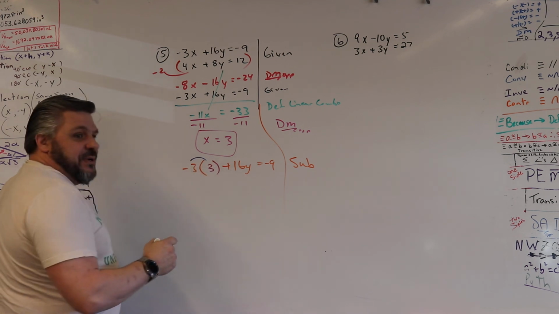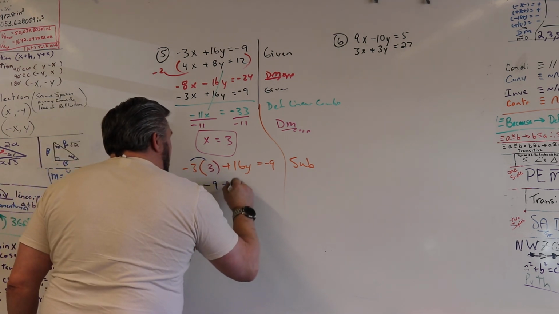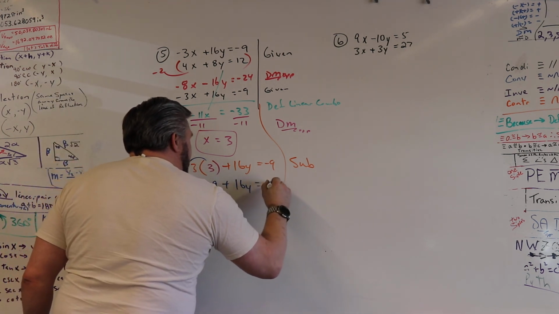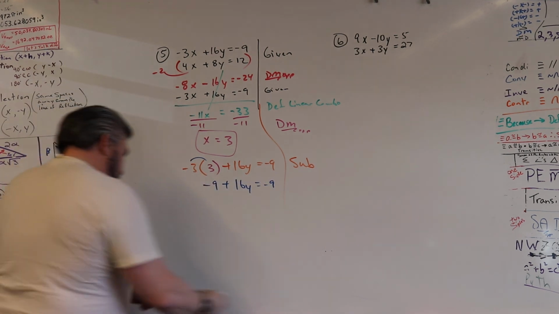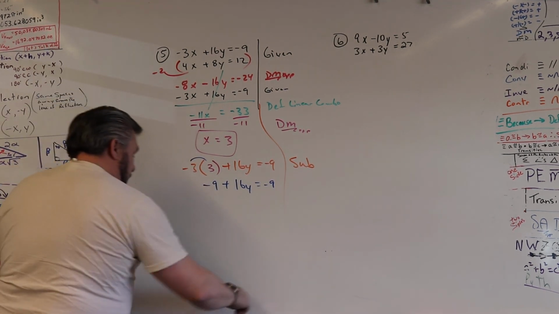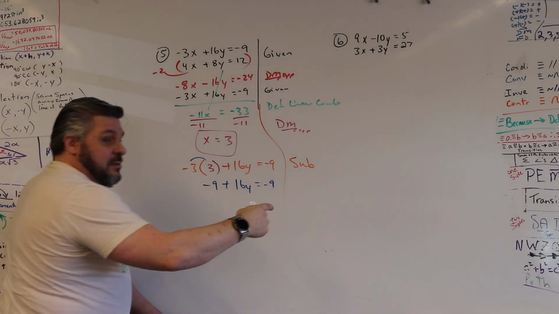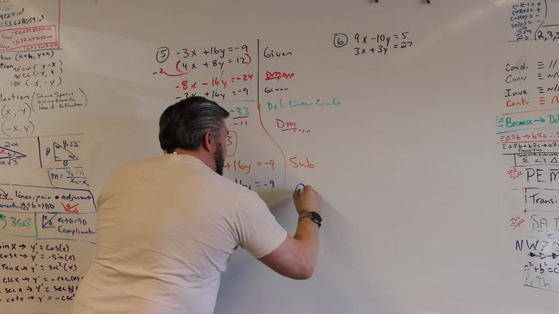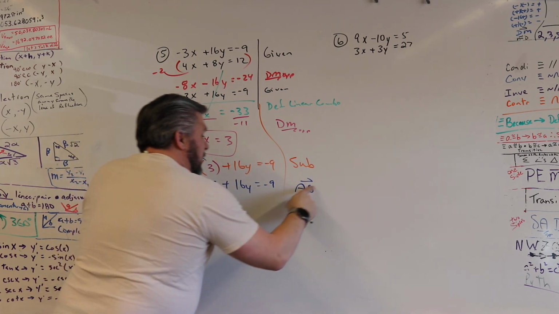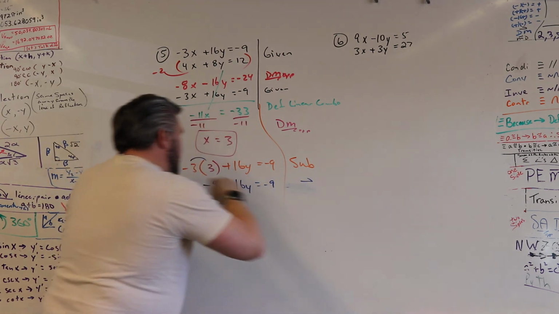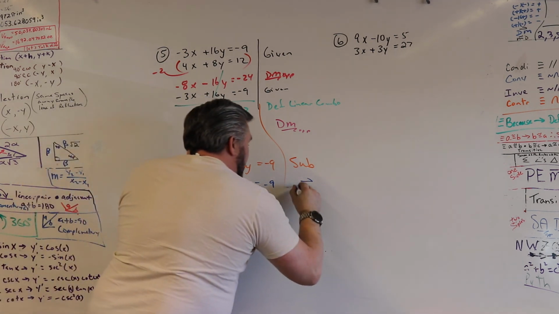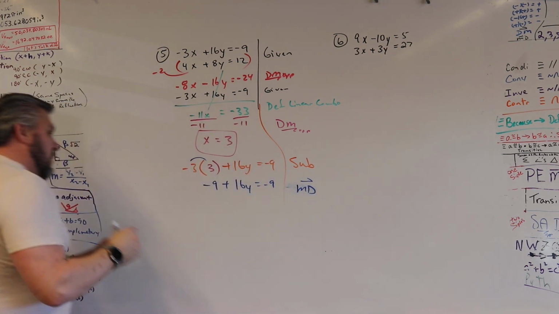Negative 3 times 3, negative 9, plus 16y equals negative 9. What was that? That was PEMDAS, right? So PEMDAS is AS. Oh no, not AS, I didn't add them, I multiplied, right? MD. So MD, there we go.